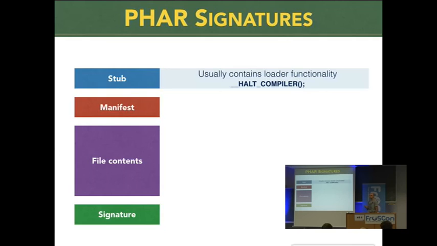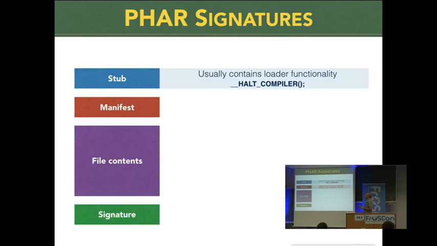That is a real PHP function, and what it tells the PHP interpreter is to stop. Anything that I put after that is not interpreted by PHP. So we can use it, for example, for an install script.